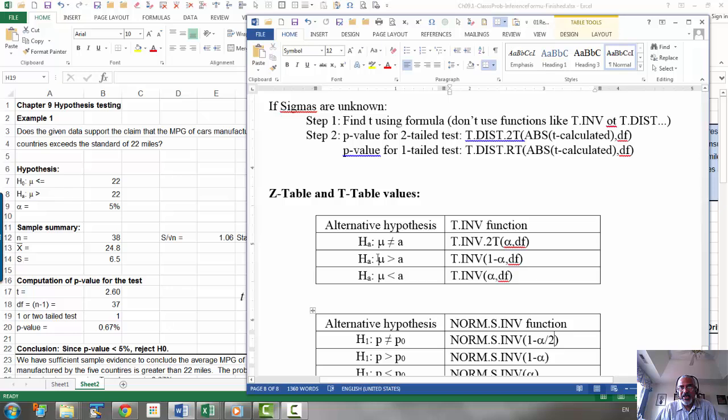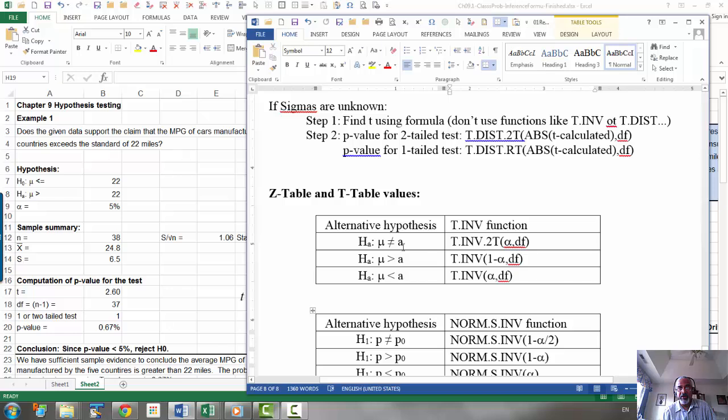Whereas for a one-tailed test, we use t.inv. T.inv will always take the given probability as a cumulative probability. So if you want the left hand, the negative side of the t-value, like here, if it is a one-tailed test with less than some value a, then we'll use t.inv of alpha. So you'll take alpha from the left tail and it gives you the t-table value for that.